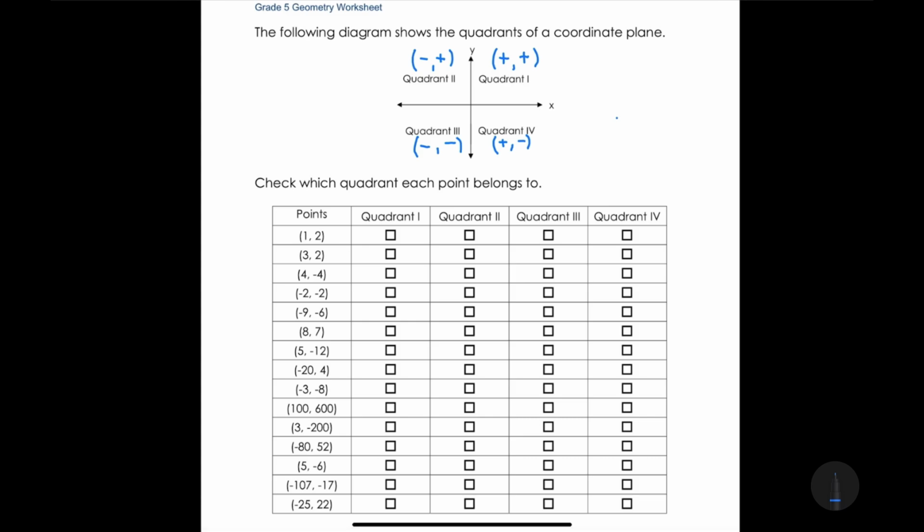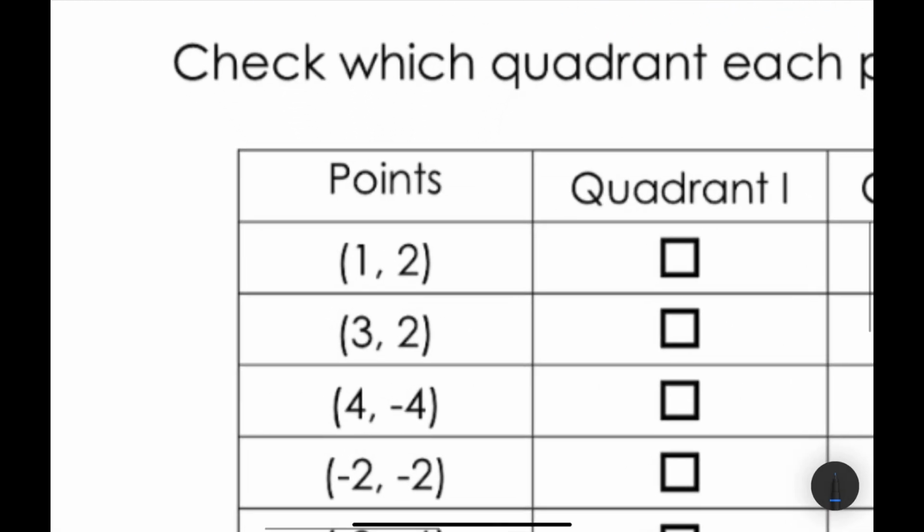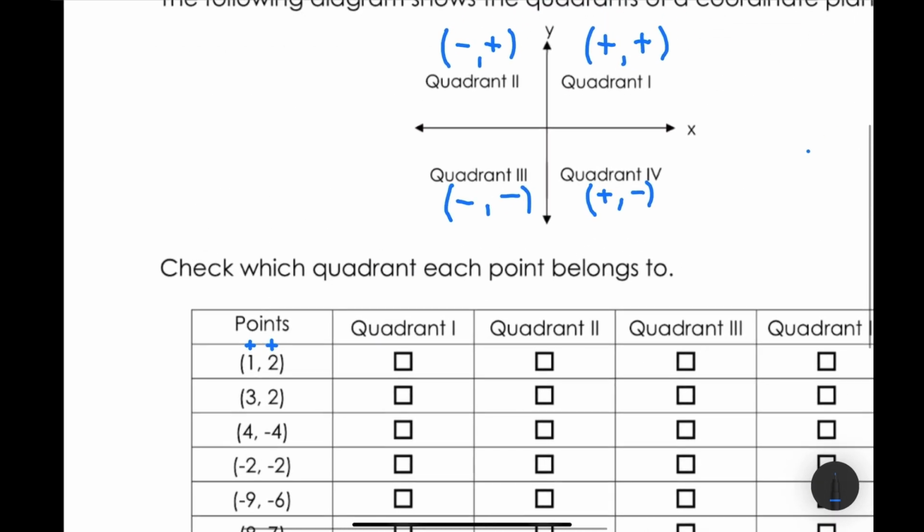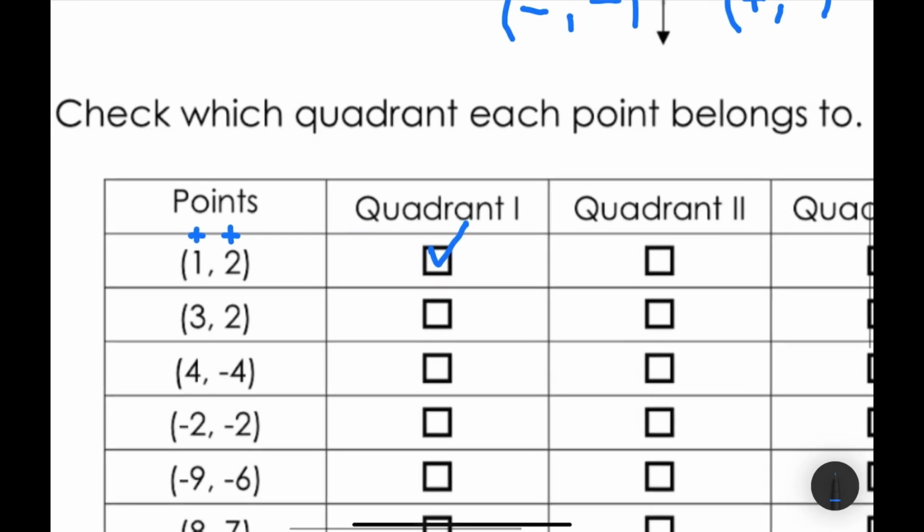So let's look at our first point. Our first point, we have both positive numbers. If we look back at our graph, 2 positive numbers, that would be quadrant 1. So let's check off quadrant 1. Let's do 2 more.